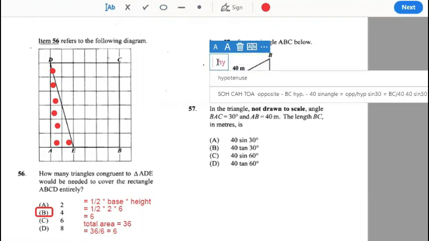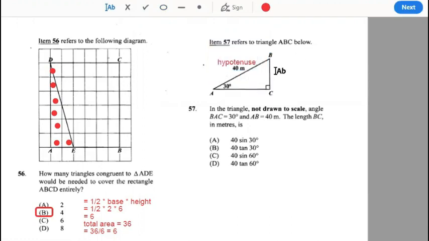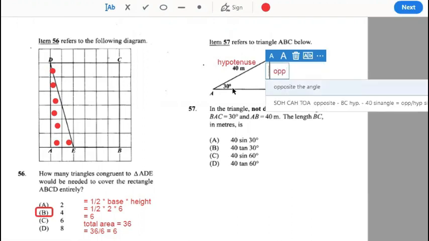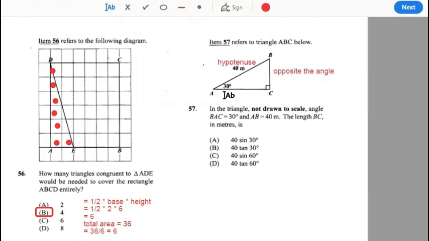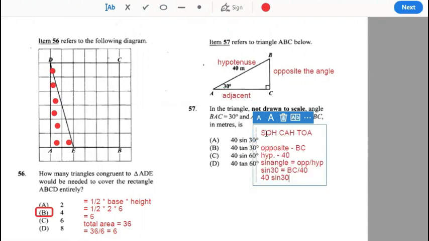So in the triangle not drawn to scale, the length BC. So this is our hypotenuse. This is the length that is opposite the angle. And this is adjacent to the angle. And I'm not sure if you know SOH CAH TOA, where S is sine, O is opposite, H is hypotenuse, C is cos, T is tan, A is adjacent.